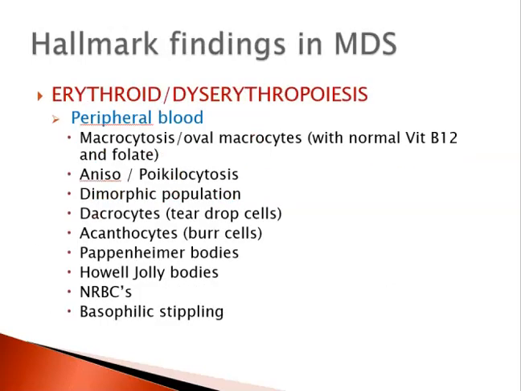So what are some of the hallmark findings of MDS? For the erythroid or dyserythropoiesis, dys meaning bad or difficult or abnormal erythropoiesis, for the peripheral blood you may see macrocytosis or ovalomacrocytes with normal vitamin B12 and folate levels.